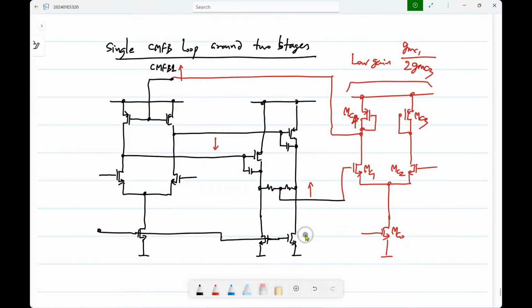And the gate voltage of this will be stabilized to VDD minus VSG for the first stage current. So once you have it in a DC feedback loop, all the stages are biased using that, assuming it is stable. That's why you don't need separate common mode detection here, which can be advantageous in some cases, right?